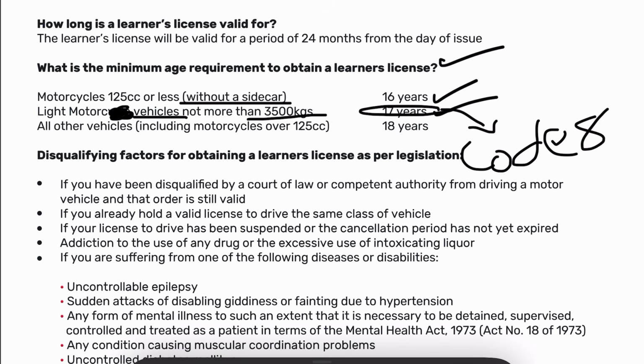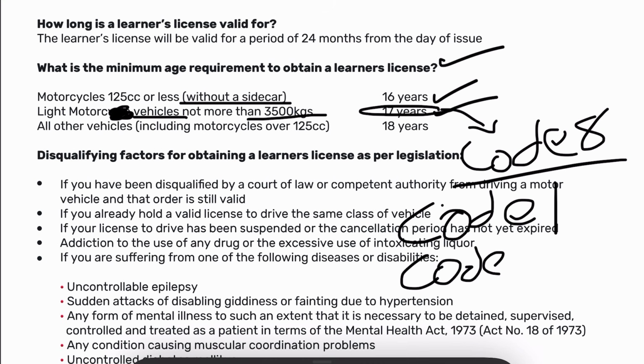So when you're applying for this, or rather when you're using the app to practice, you'll see code 1, you see code 2, you see code 3.